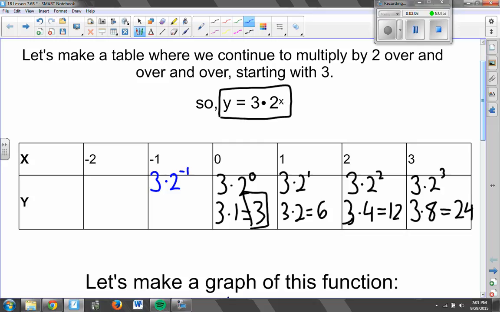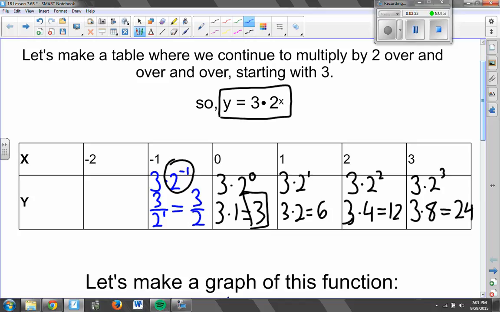So this really becomes 3 over 2 to the positive 1. I've just taken my 2 to the negative 1 power and flipped it to the bottom of a fraction. So I have 3 over 2 to the first power, which we know is just 2, so that's 3 over 2.